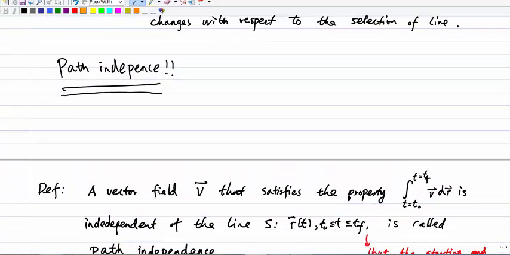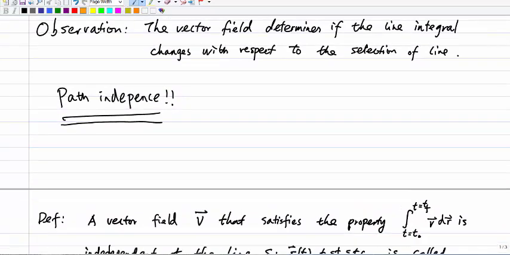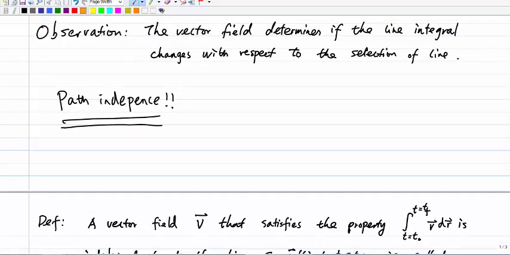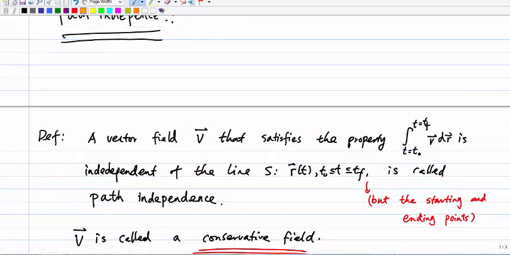Since we're talking about path independence, we want to see what property we need to guarantee that the line integral over a vector field is indeed path independent, which means it does not depend on how we select the line. The only thing that matters is the starting and ending point. So here's the definition.